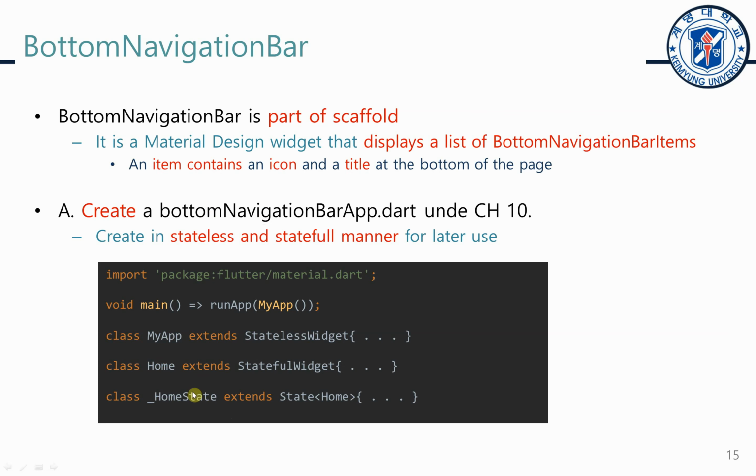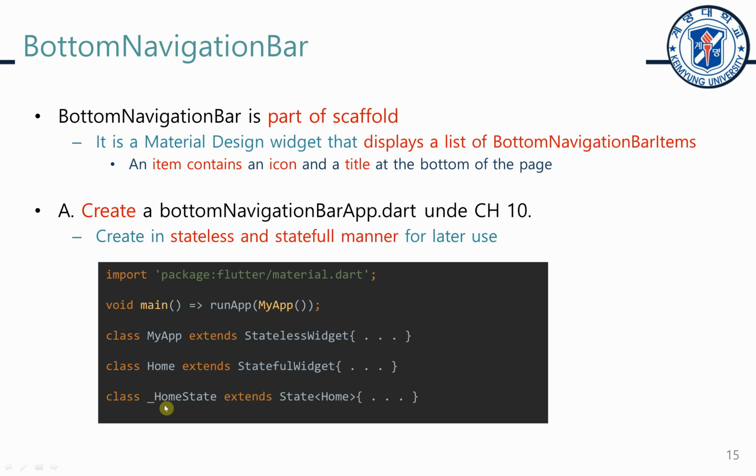You can see that this state is a state for this home, so it will contain most of the things that the home will hold, or this is like an instance of this home class.